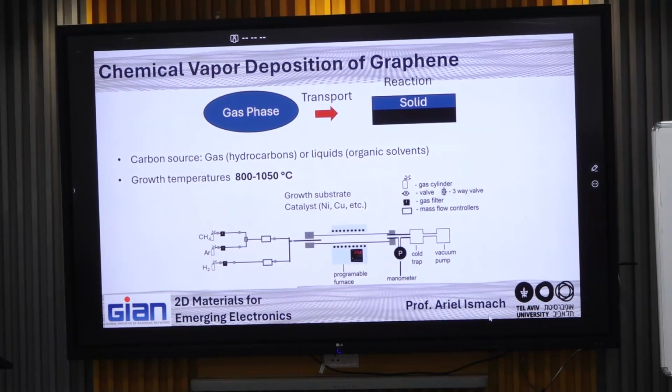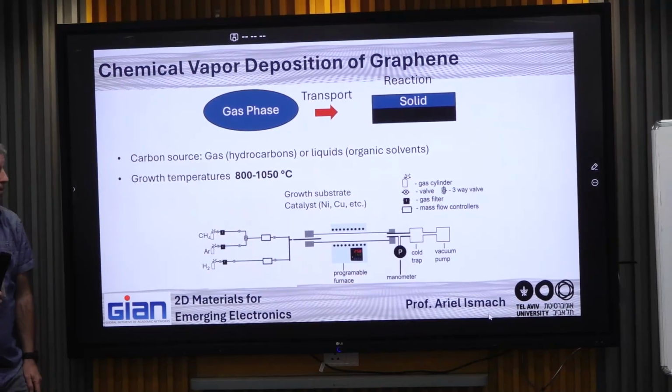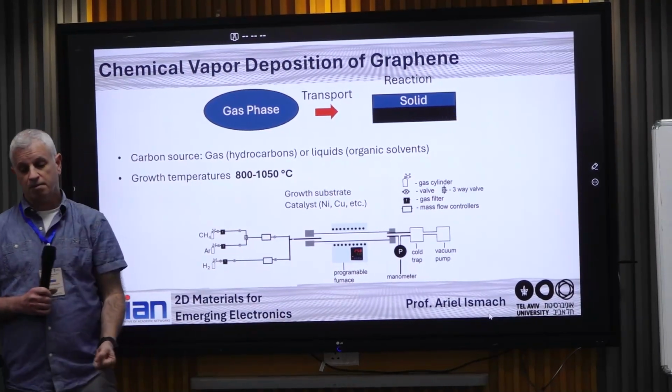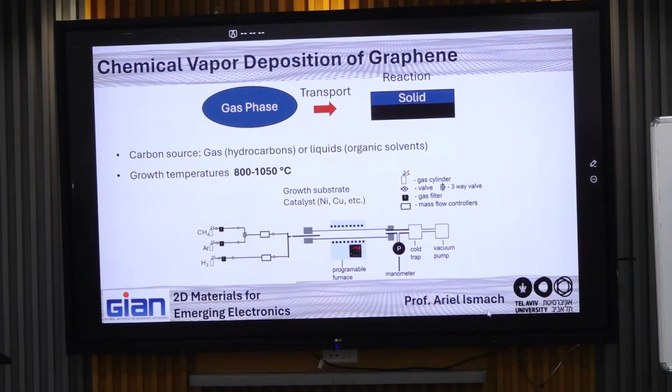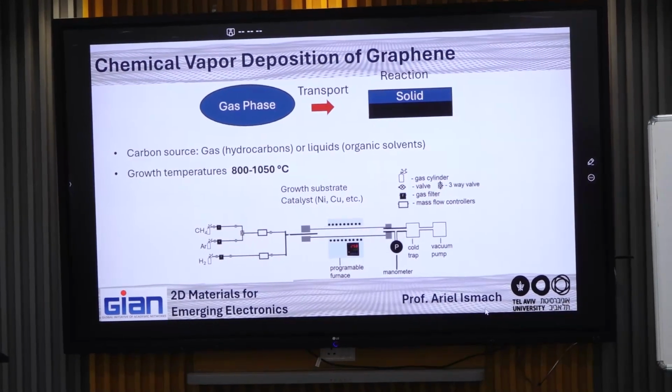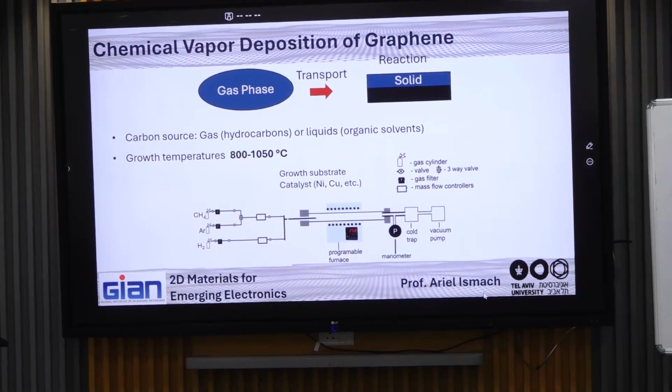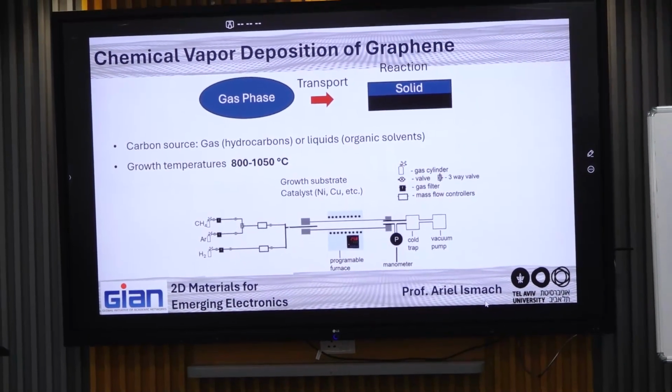So, as you remember, CVD means that we start from precursors that are volatile or gases, and we transfer them by a gas manifold to the reaction area, to the reactor.